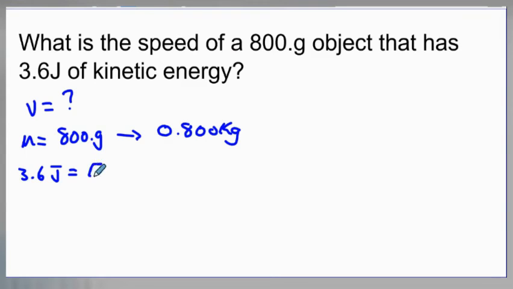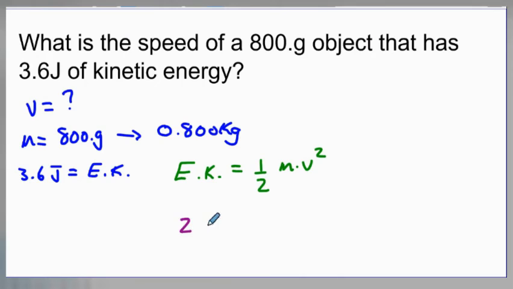And that's my kinetic energy. Once again, I know that my kinetic energy is 1/2 m times v squared. But this time I've got my kinetic energy, so I need to do some algebra. I'm going to get rid of this half first. So I'm going to deal with that half.